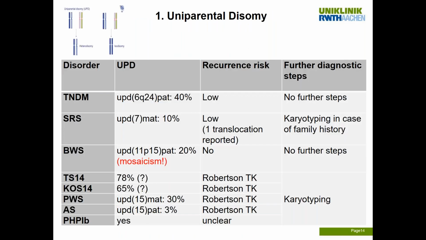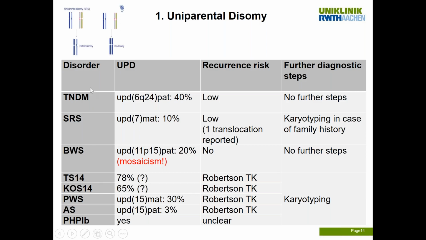So why is it important not only to diagnose an imprinting disorder, but to categorize the molecular defects? The reason is, from a human geneticist's point of view, that we want to define recurrence risk. Here you see uniparental disomy as one of the four molecular alterations which can be observed in imprinting disorders.